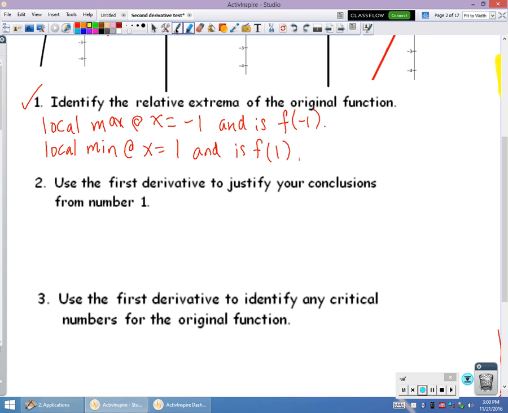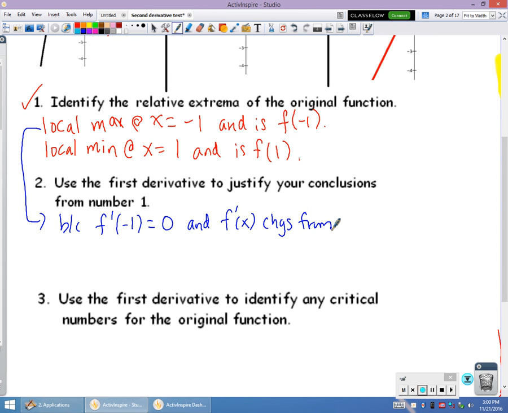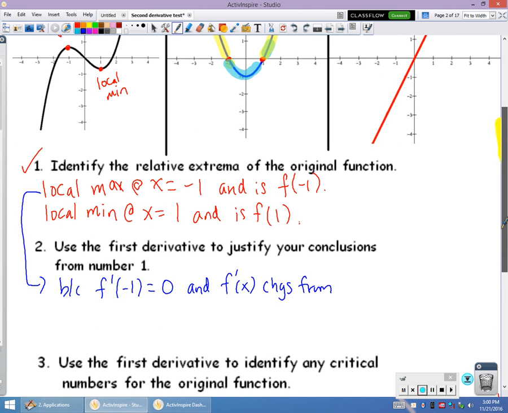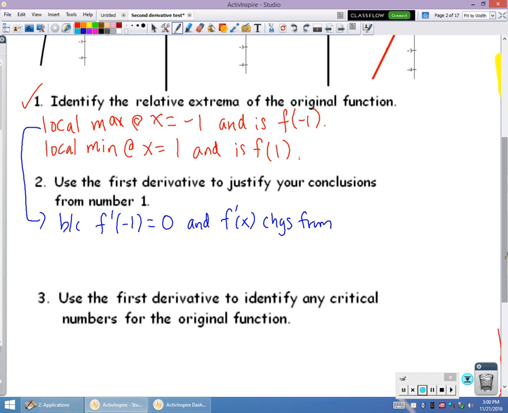So let me write that up. The justification: there's a local maximum at x equal to -1, and it is f of -1 because f prime, the first derivative at -1, is 0. That establishes my critical number. And the first derivative changes from positive to negative.